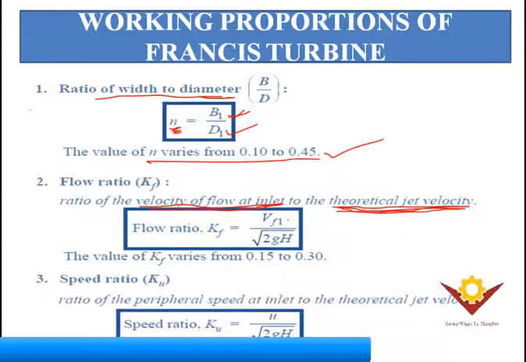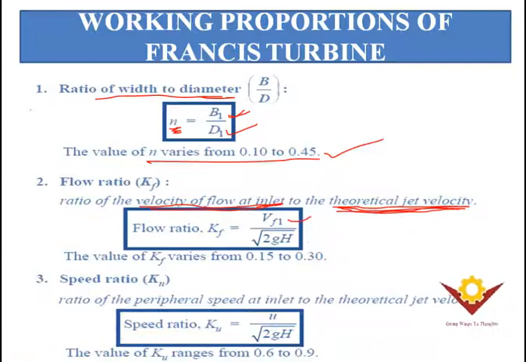The theoretical jet velocity we already know, which is v equals the square root of 2gH, where H is the net head, and the flow ratio is designated as Kf. Kf varies from 0.15 to 0.30.